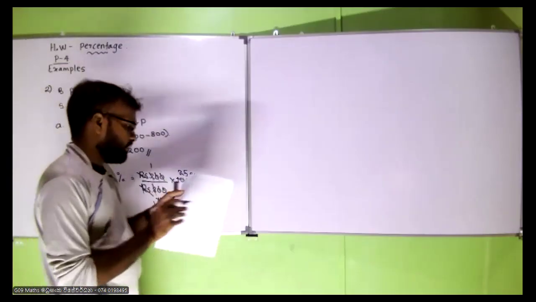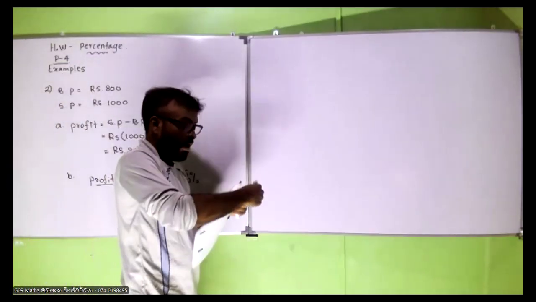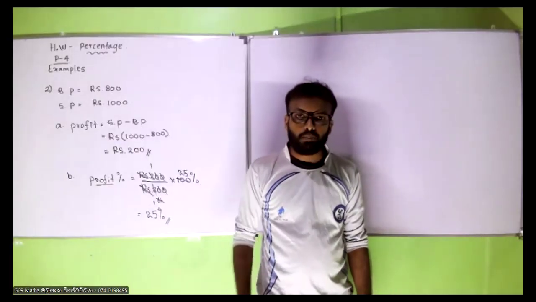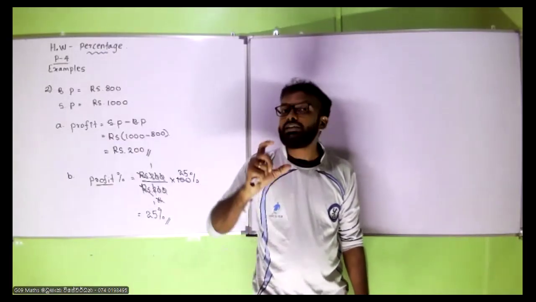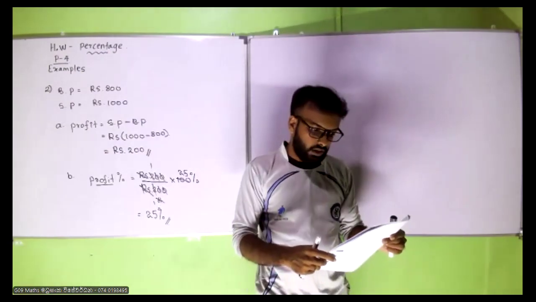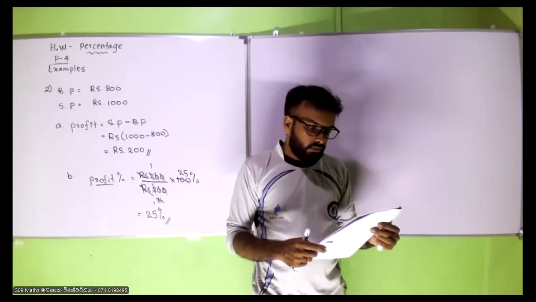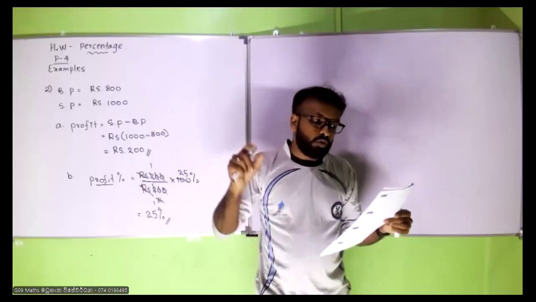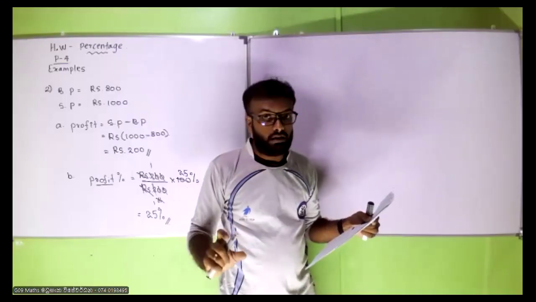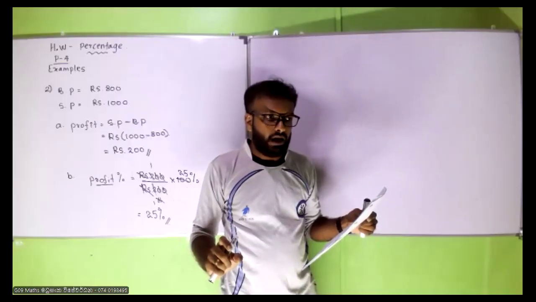Then the third question, on page number 5. There is something you need to understand when doing the third question. You have to determine who has gained the most profitable sale.